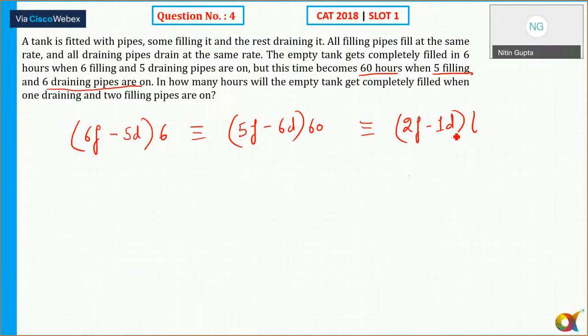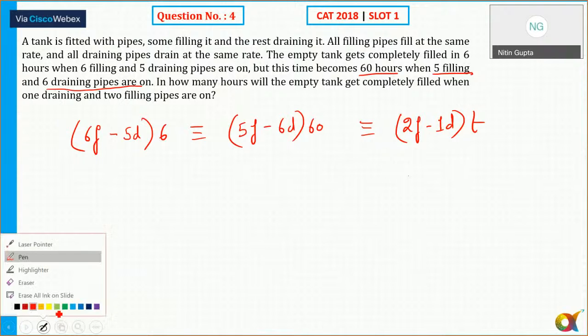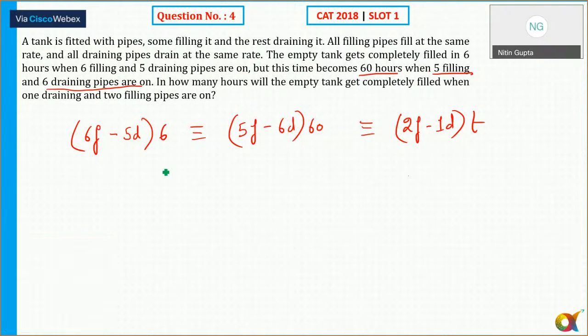Now tell me, is it something new? You must have solved this type of question when 5 men and 2 women work for some days, and the same work can be done by 2 men and 5 women. Then we find the relationship between man and woman and substitute in the third equation. So this is easy. I need to solve these 2 equations and find the relationship between F and D.